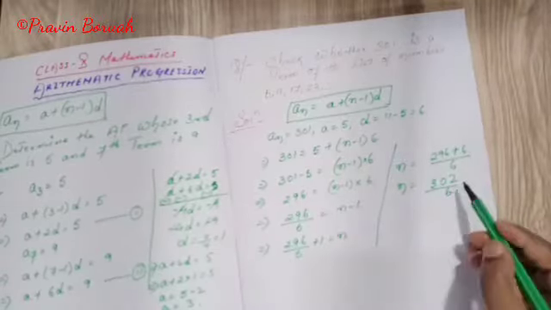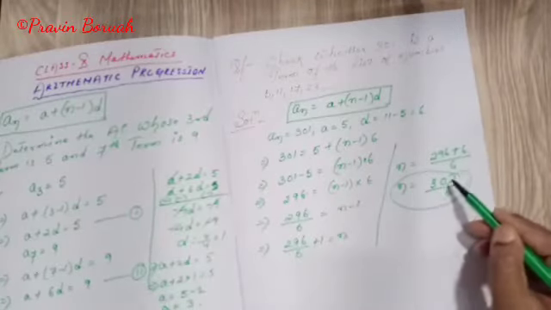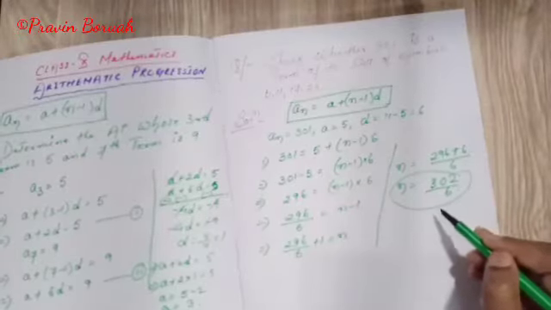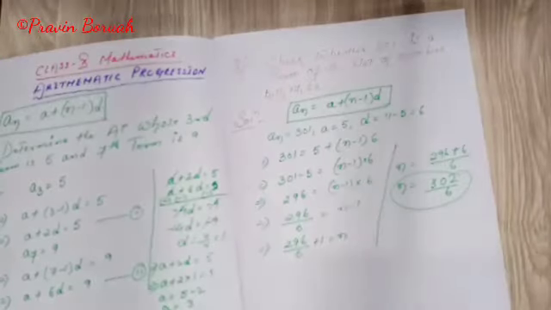Okay, so if we solve this, you cannot cancel 302 by 6, which means it is a fractional number. So n we got is a fractional number. Earlier I told you, if you get n as a fractional number, this number does not lie in the series.